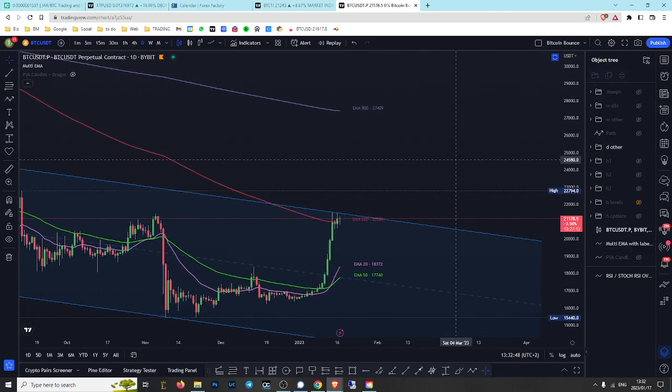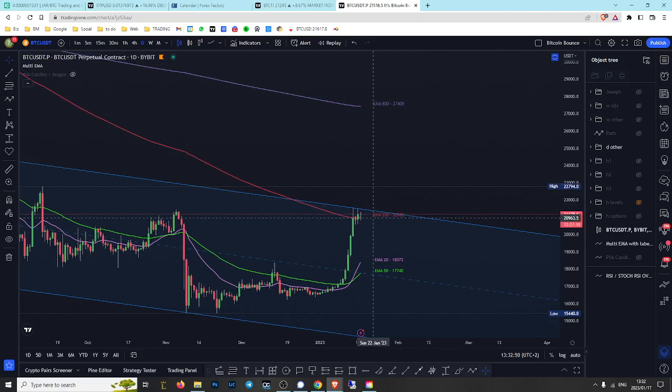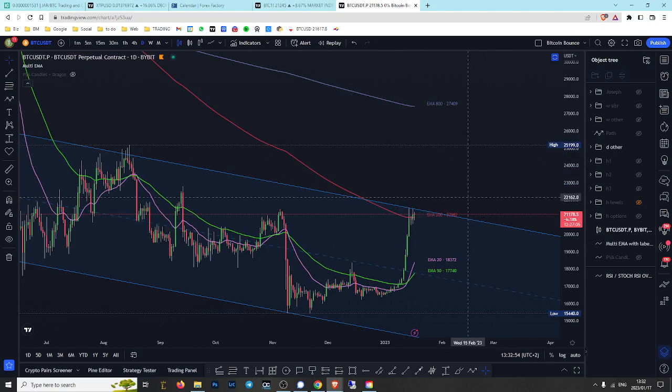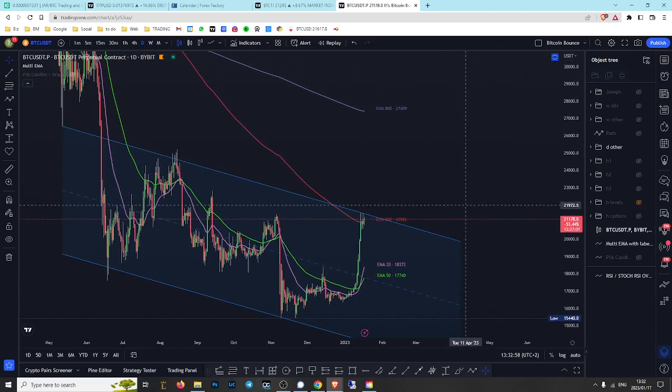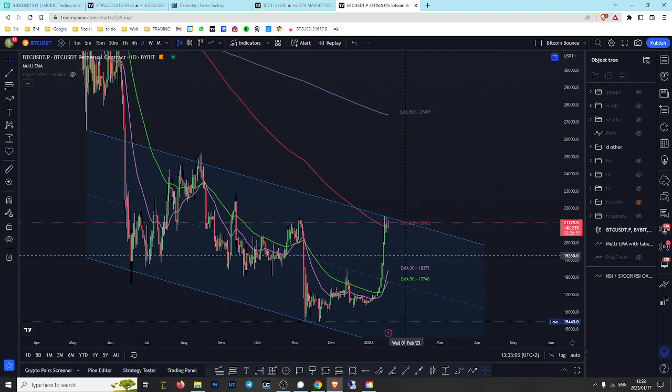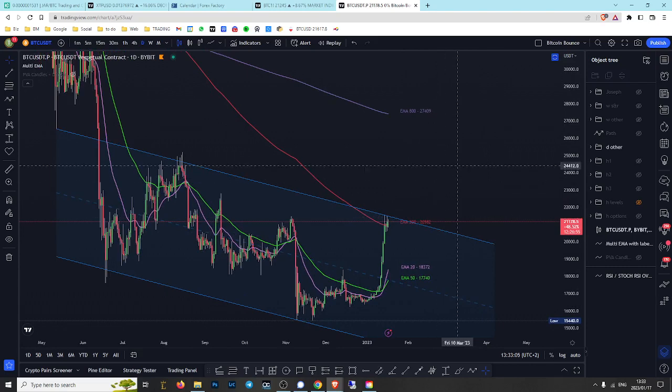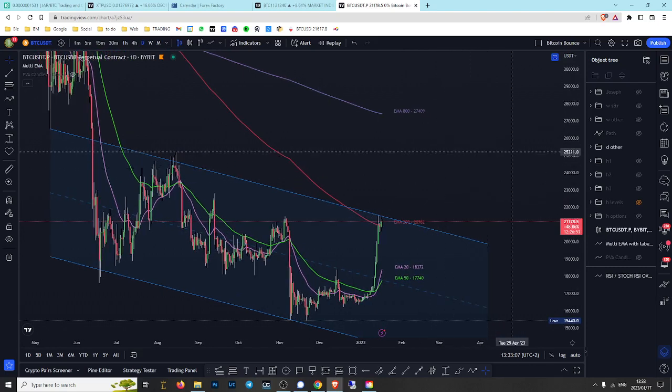We should actually come back down. But it could be because we're above the 200 that we settle here, we break out of this parallel channel, and we just start going up. But I don't know. To me, it's highly unlikely. We have to just come and clear all those CME gaps and so on. It would be very healthy to do that.